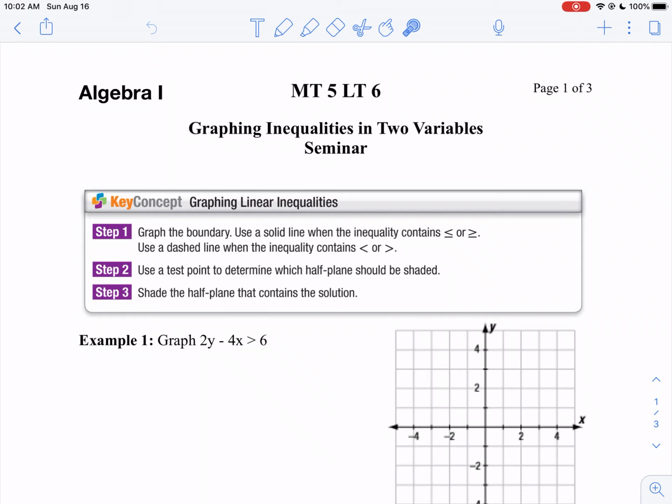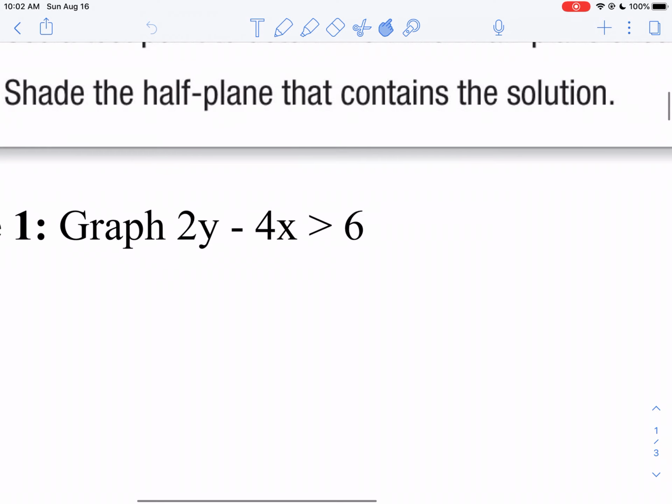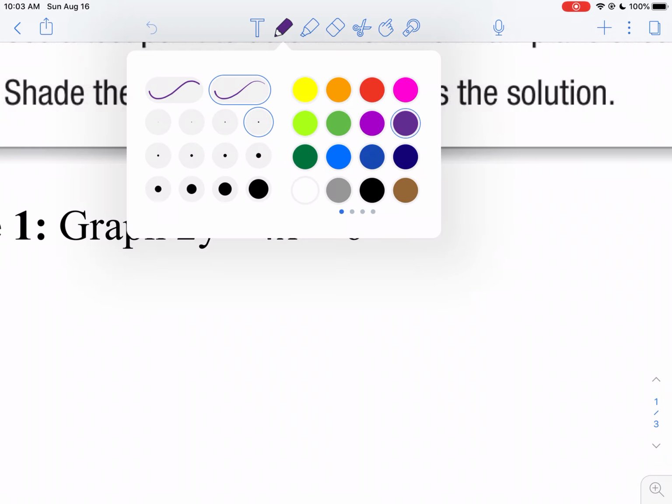So start with example 1 here. 2y minus 4x is greater than 6. If I look ahead, if I use intercepts, I'll get a decimal. So I think I'm going to solve for y. You're going to like solving for y when you do this because it makes shading a lot easier. So first thing we're going to do, we're going to add 4x to both sides.